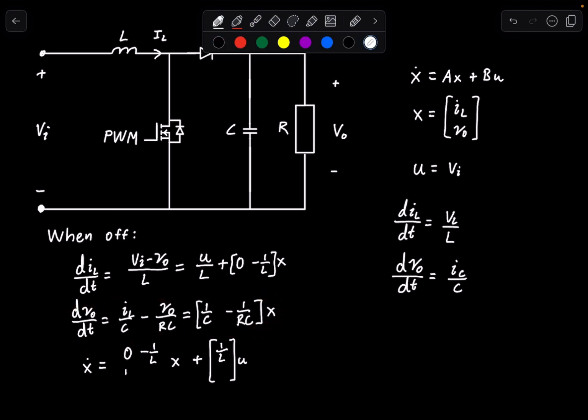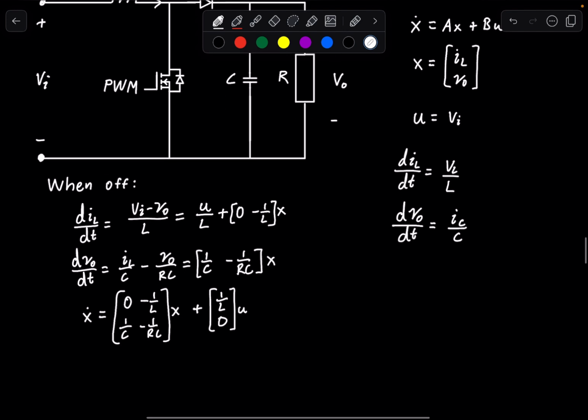So we have 1 over C, and then minus 1 over RC. And here we have 0. So we get that this is A off, and this is B off.